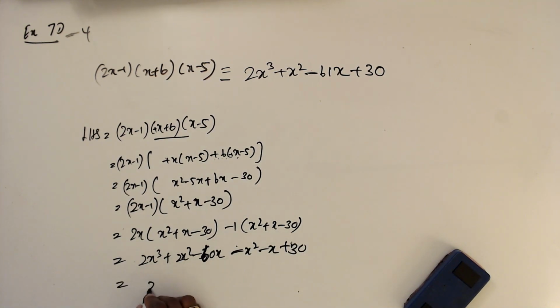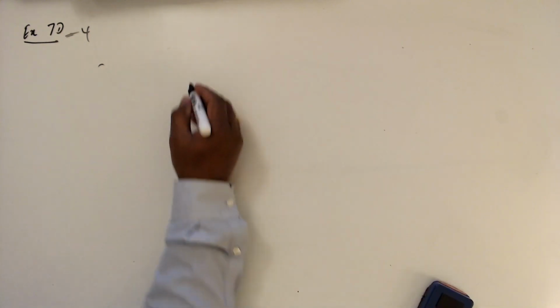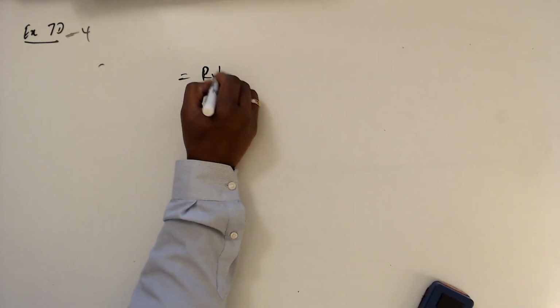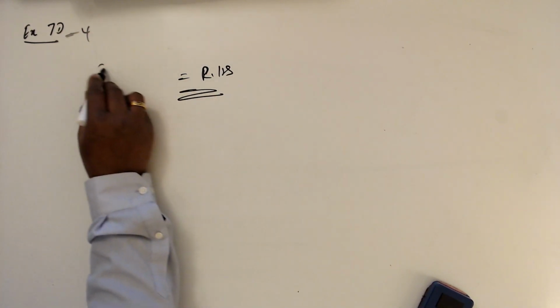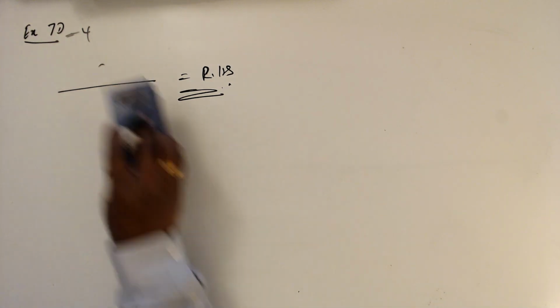So 2x cubed plus x squared minus 61x plus 30, which equals the RHS. That's number 4.